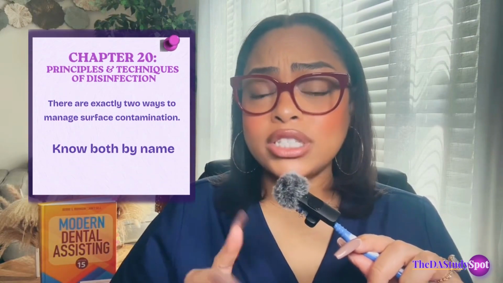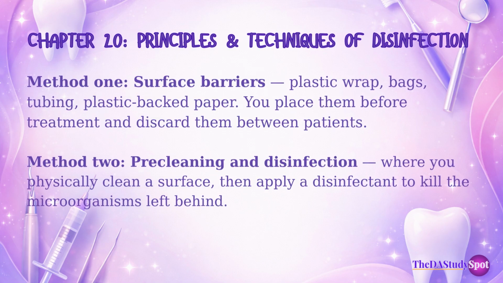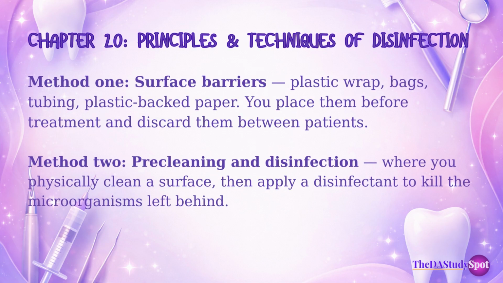There are actually two ways to manage surface contamination, and the exam wants you to know both by name. The first method is surface barriers. These are plastic wraps, bags, tubing, plastic-backed paper. You place them before treatment and discard them between patients. Your second method is pre-cleaning and disinfection, where you physically clean a surface, then apply a disinfectant to kill the microorganisms left behind.